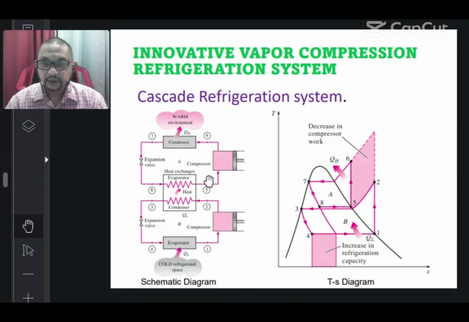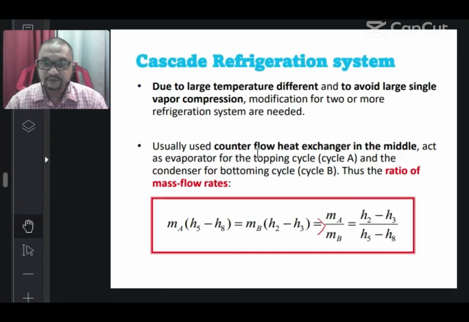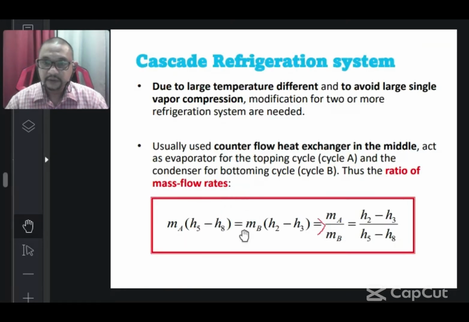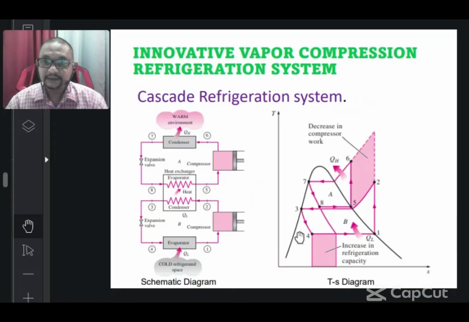So to do the calculations for these mass flow rates, we know that at cycle A, mass flow rate A times enthalpy 5 minus enthalpy 8, that means h5 minus h8, is equal to the mass flow rate of cycle B times the difference of enthalpy 2 minus enthalpy 3, so h2 minus h3.